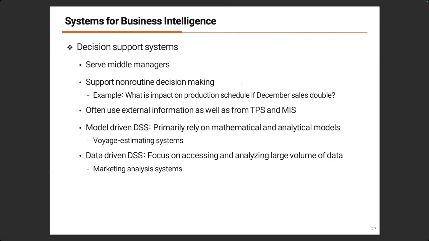So it often needs the use of external information as well as the data from TPS and MIS. External information can be current stock prices or product prices of competitors, such things. And there are two kinds of decision support systems: model-driven or data-driven.